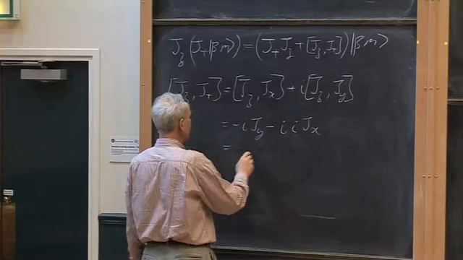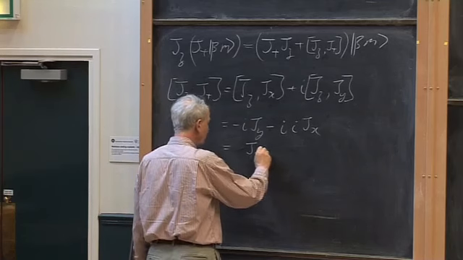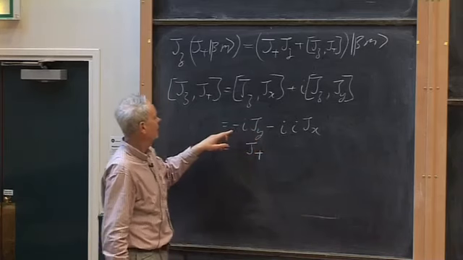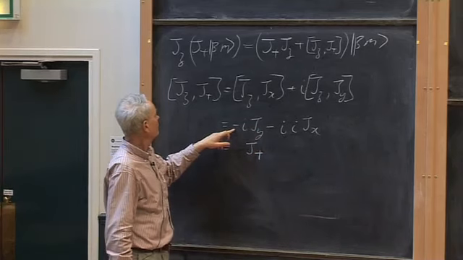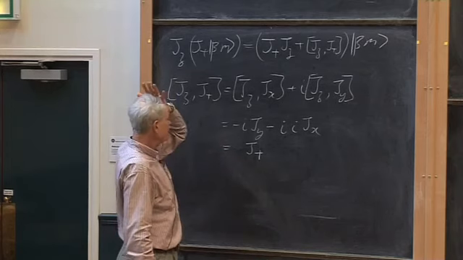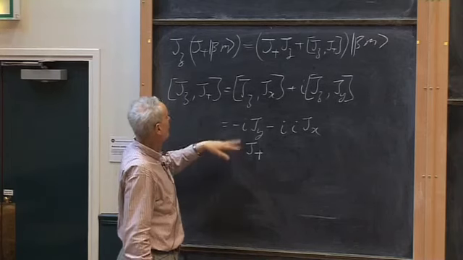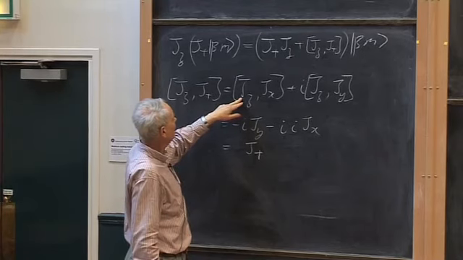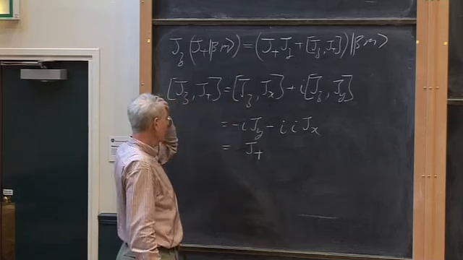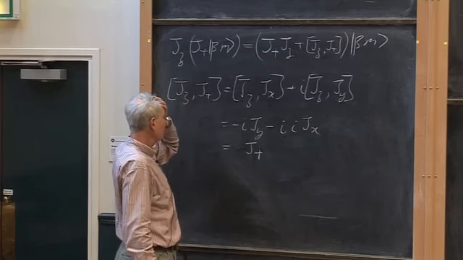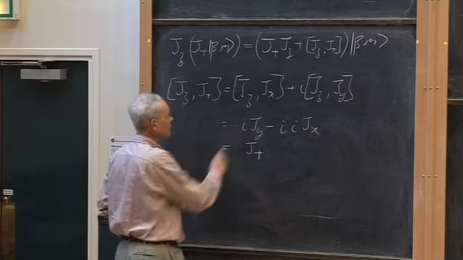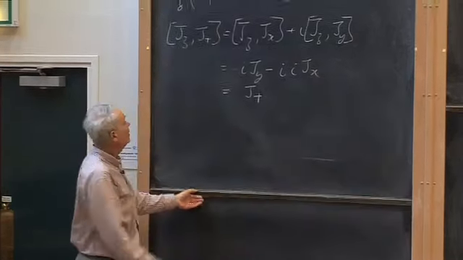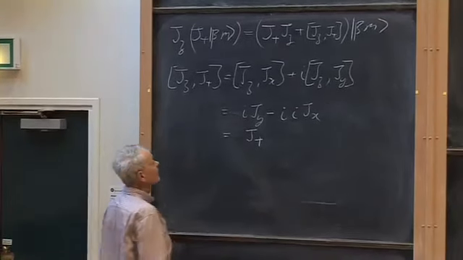These two i's are going to make a minus sign, cancel this, we're going to have Jx, it has to be plus. What the hell's gone wrong here is I've goofed presumably in that x, y. Yes, I've goofed in that, sorry. I'm always bad at this cyclical ordering. So it is equal to J plus.